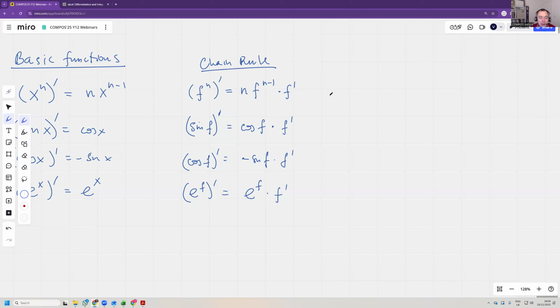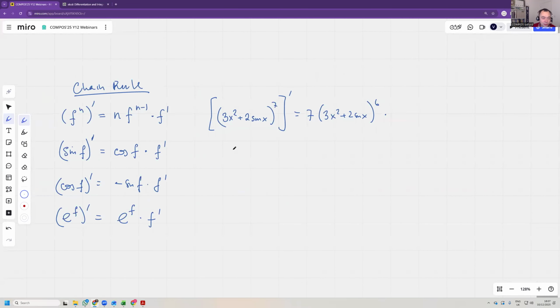For example, instead of x to the power n, let's say you have 3x squared plus 2 sine x, all to the power 7, and you want to find the derivative. Well, that's simply 7 multiplied by 3x squared plus 2 sine x to the power 6, multiplied by the derivative of that thing.